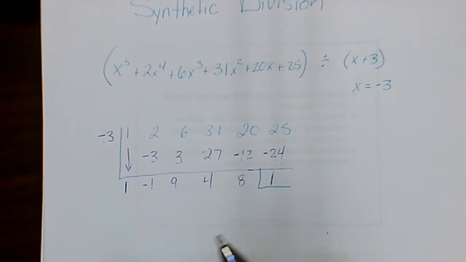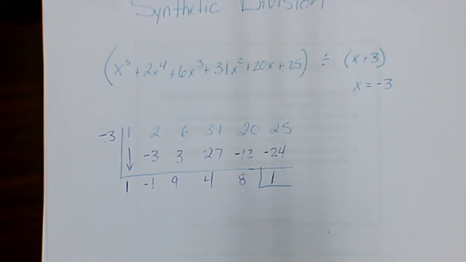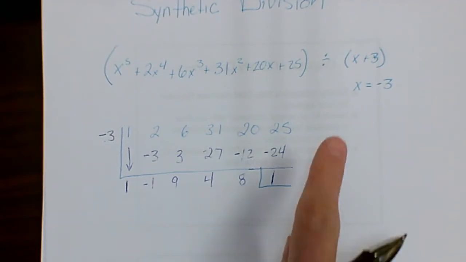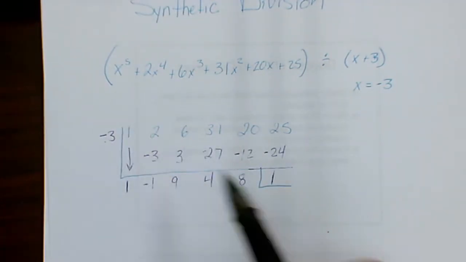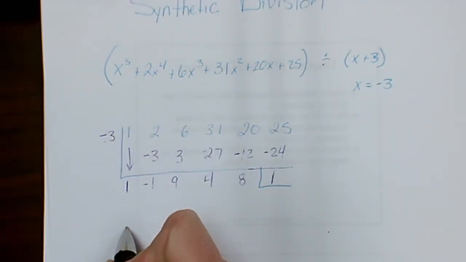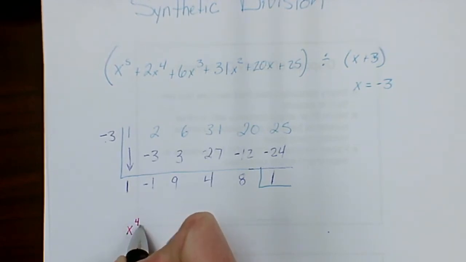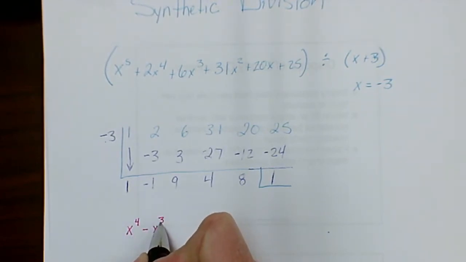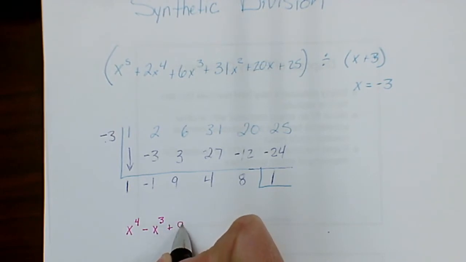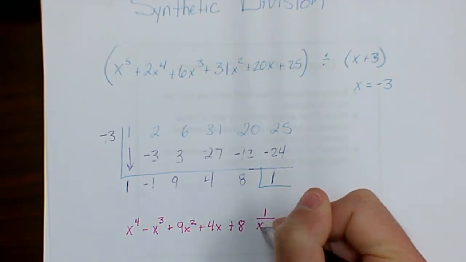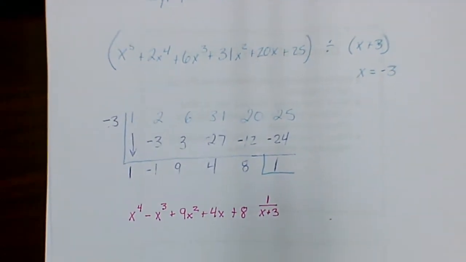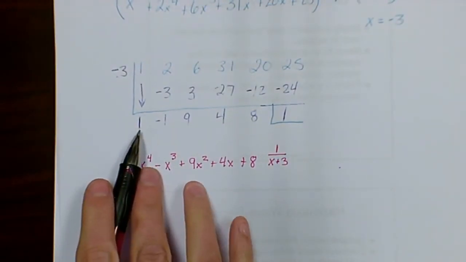So what this means is when we divide this polynomial by x plus 3, we will get the result of x to the 4th minus x to the 3rd plus 9x squared plus 4x plus 8 with a remainder of 1 over the divisor.